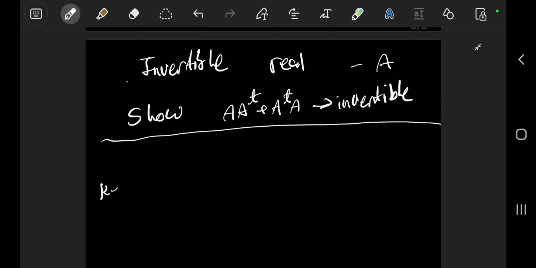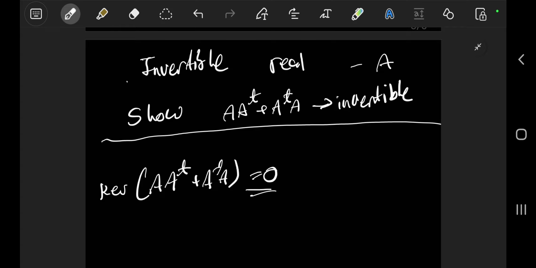What we will do, we're going to look at the kernel of that matrix and show that it equals 0. This means that the rank is full.